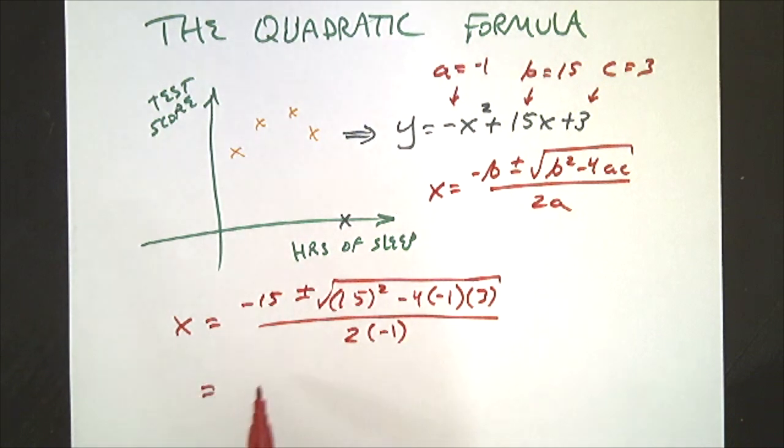Okay, that simplifies into -15 over -2, which is 15 over 2 plus and minus.